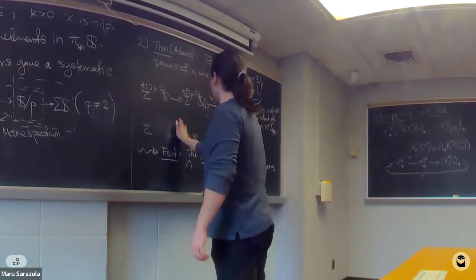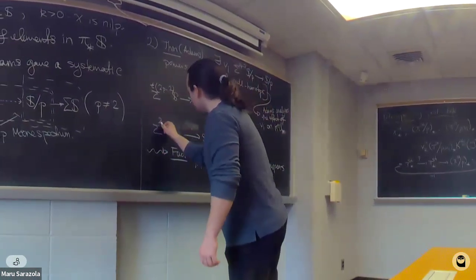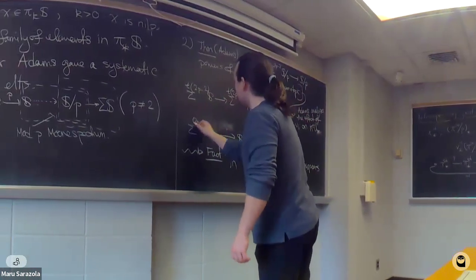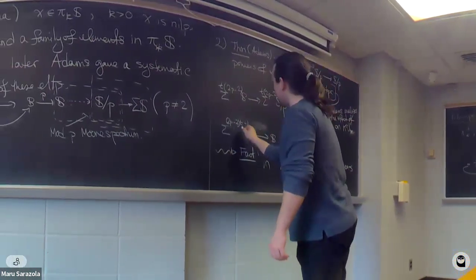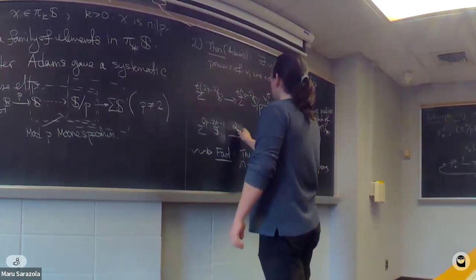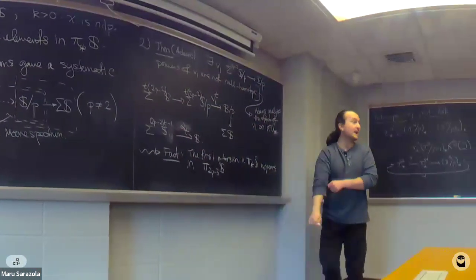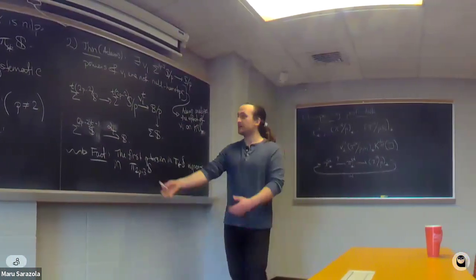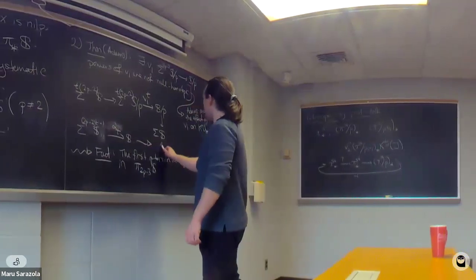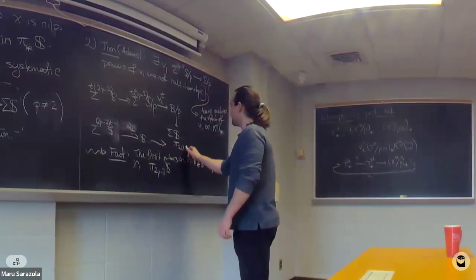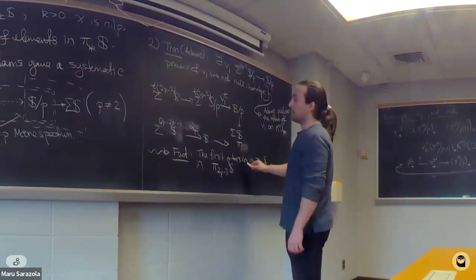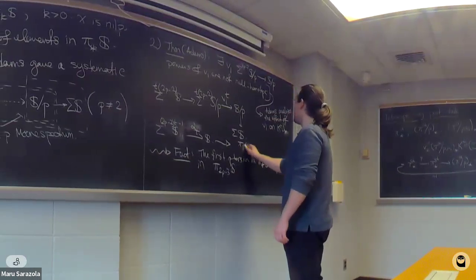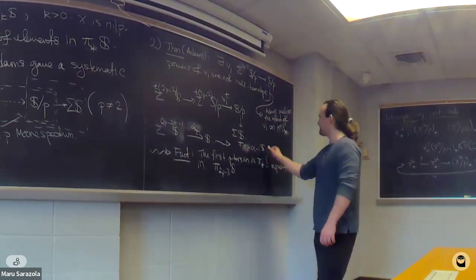Let's not screw up the numerics here. It's 2p minus 2 times t minus 1. And this is the t-th element in the alpha family. And so this gives you a class in pi 2p minus 2, t minus 1.